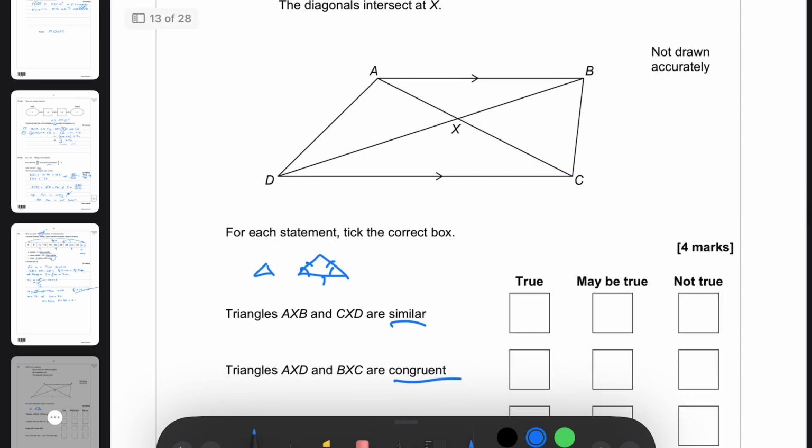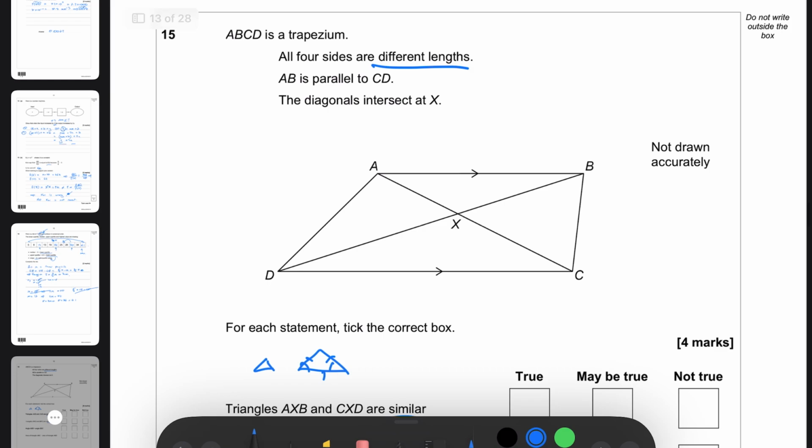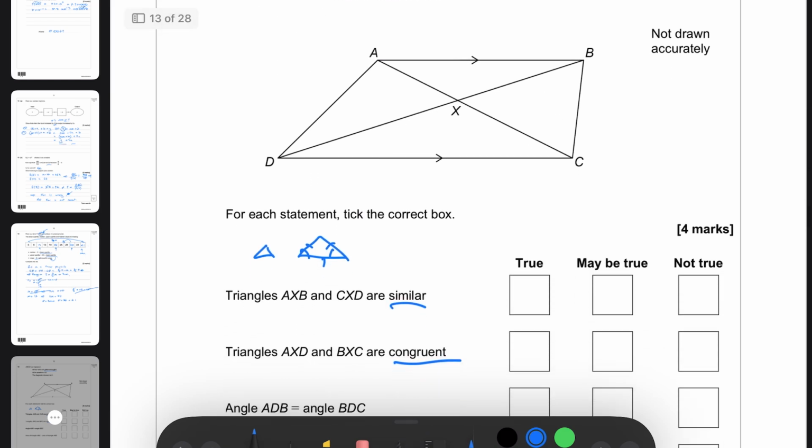We can actually check the angles and check the sides. The sides are actually not going to be the same, obviously here, since they are all of different lengths. So we can check the angles here. We have opposite angles, they are called vertically opposite angles.